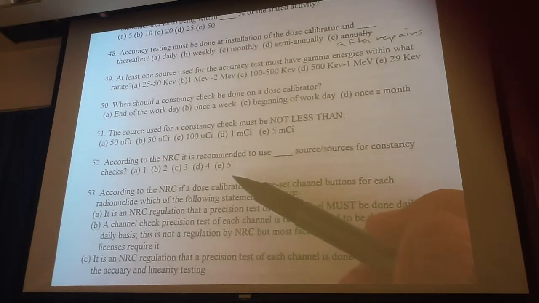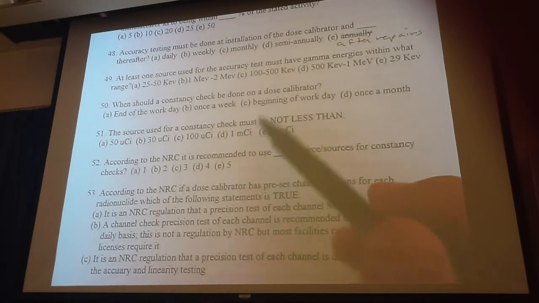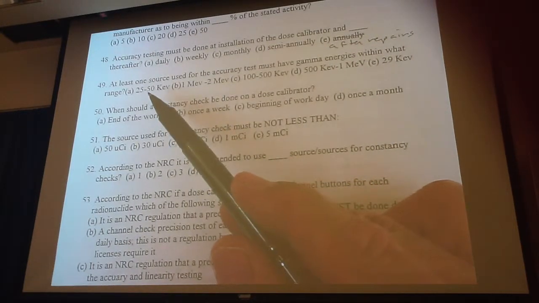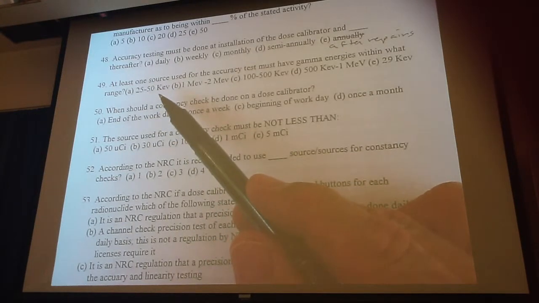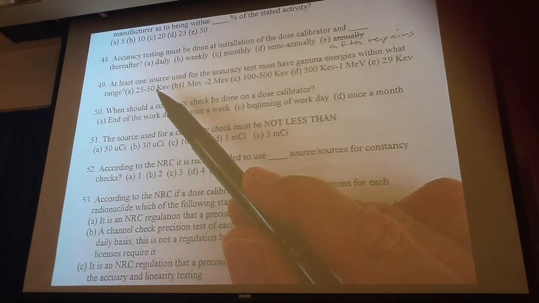And then this one, think about it for a minute. You can almost work through, well, do we have anything that we use? Okay, we don't have any radiopharmaceuticals that are 25 to 50 keV, do we? No. I mean, the closest one we would have is iodine 125, which, how often do you use that?